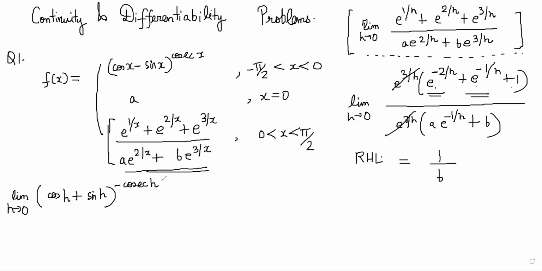Cosec tends to infinity here. This part is tending to 1 and this part is tending to 0. So the whole thing is of the form 1 to the power infinity. So what is possible here is I can write cos h plus sin h minus 1, to the power minus 1 by sin h.